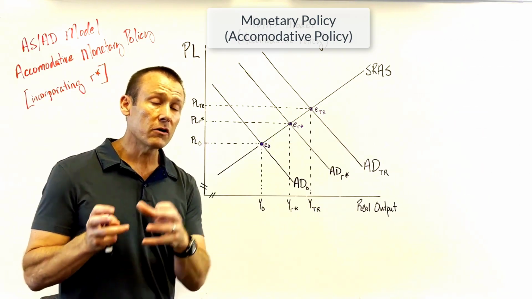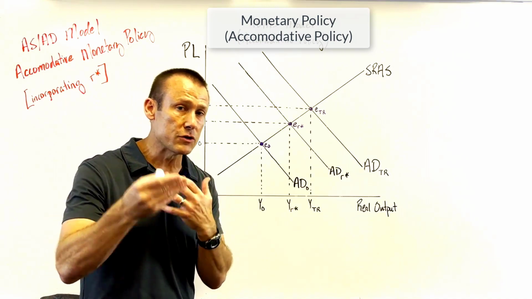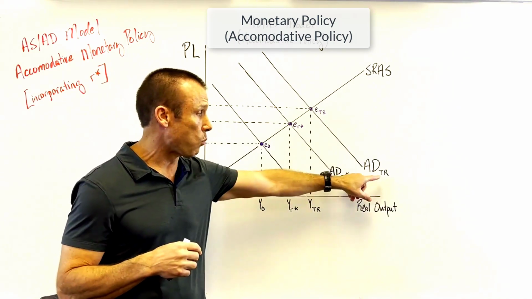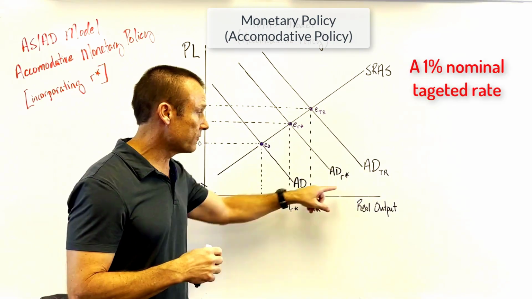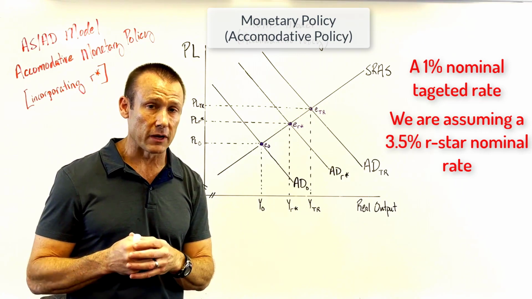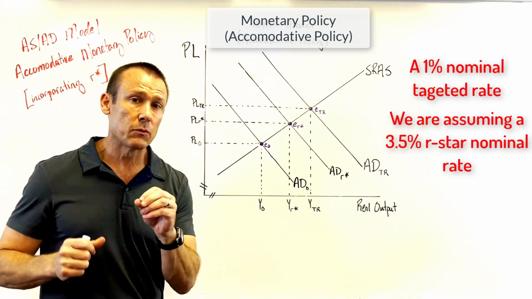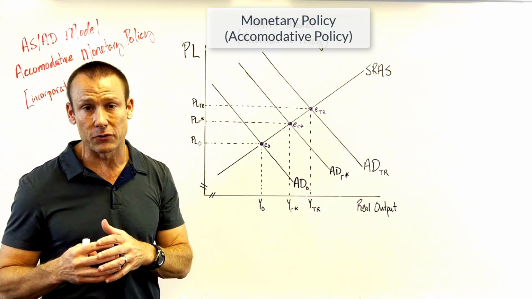Now, under this new paradigm, which I also like about it, is that we can be very nuanced with our students. We could have a situation where the Fed goes to, say, a 1% targeted rate, which would be quite expansionary if the R star was 3.5, okay? And then what they could do is they could increase interest rates. And when they increase interest rates, we wouldn't have to just shift AD off to the left.